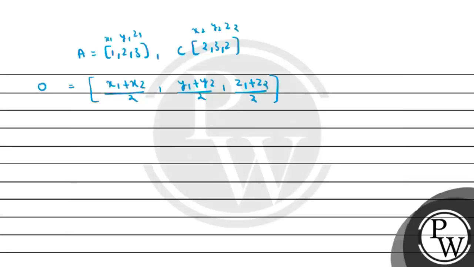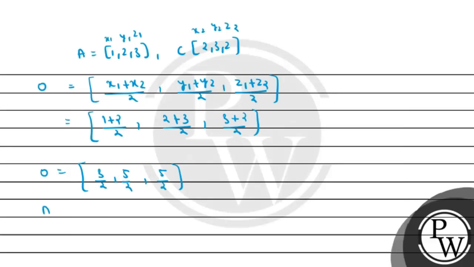Let's put in the values of all variables. Then we have (1 plus 2) upon 2, (2 plus 3) upon 2, and (3 plus 2) upon 2. After solving this, the coordinate of O is 3 upon 2, 5 upon 2, and 5 upon 2.